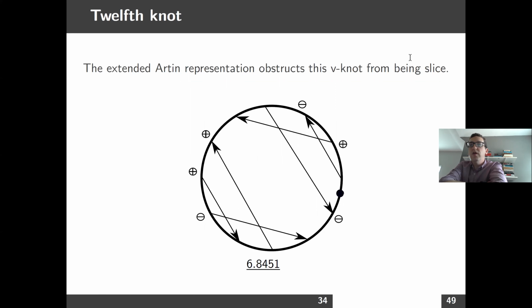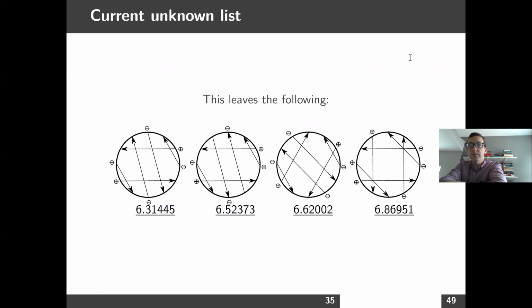So here we have two little knots glued together to make a bigger knot. And to show that it's not slice, we just have to show that one of those knots is not the concordance inverse of the other knot in the long virtual knot concordance group. Okay, and that actually works in this particular case. The calculation is in the first paper listed at the beginning of the talk.